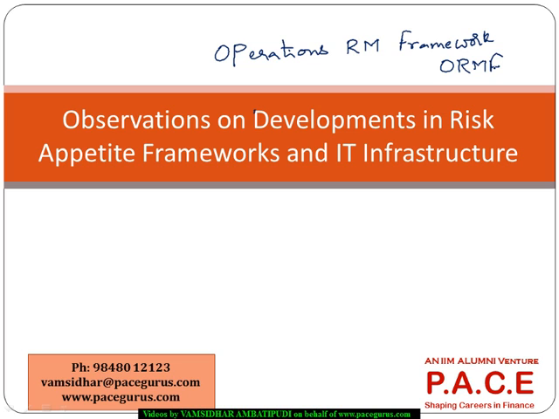So we will look at the key elements relating to this effective risk appetite framework, what metrics are associated with it, and how IT will enable the proper implementation of the same.